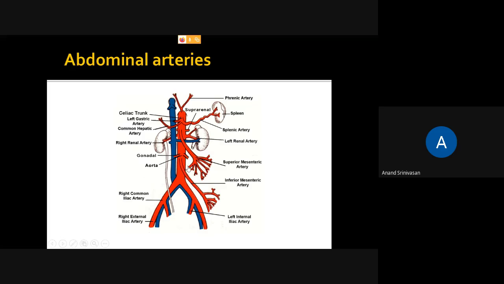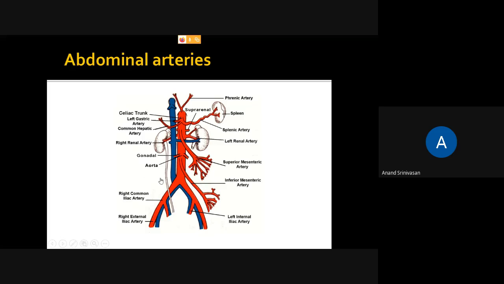Now after this, the abdominal aorta separates into two parts. This is called the common iliac artery. So there is a right common iliac artery and a left common iliac artery. Common means it is before it branches.